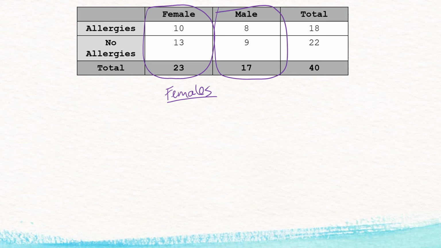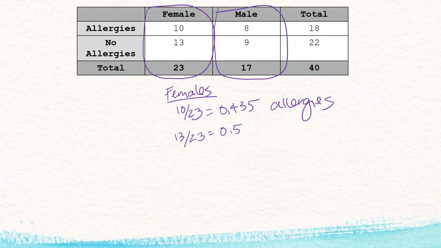So I'm going to go 10 divided by 23, and that is 0.435 have allergies. And then I'm going to go 13 divided by 23, and I get 0.565, did not have allergies.